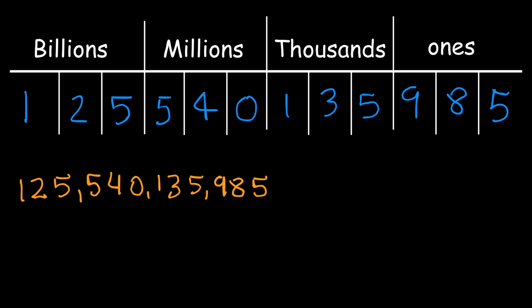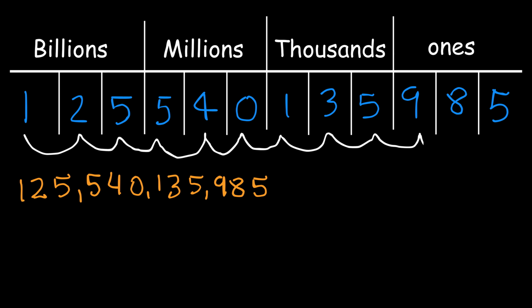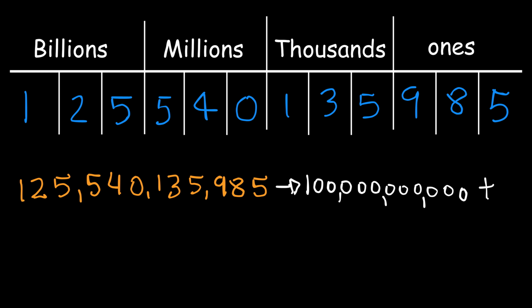Here's another example: 125,540,135,985. Now, the 1 is under the 100 billions place value, and if we move to the right, 1, 2, 3, 4, 5, 6, 7, 8, 9, 10, 11, it will be followed by 11 zeros, and we need to put a comma after every three digits going from right to left, and the expanded form of this number is 100 billion.